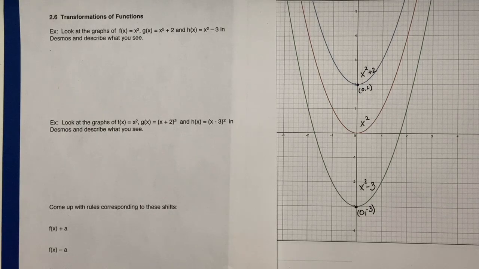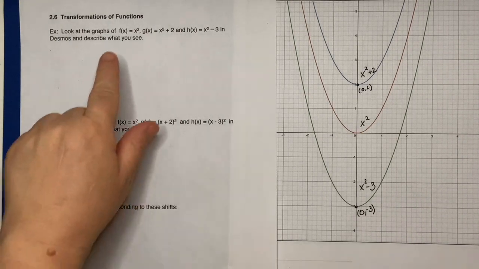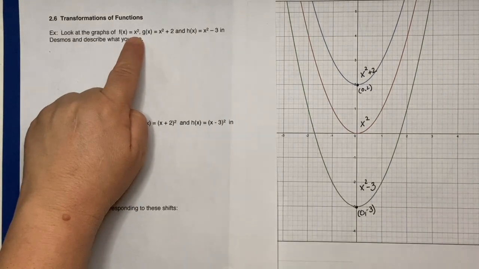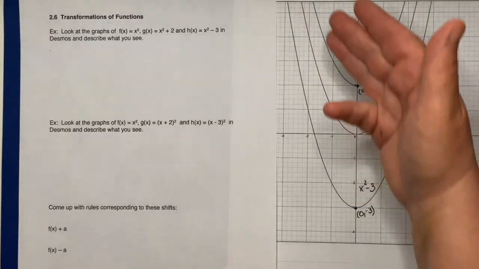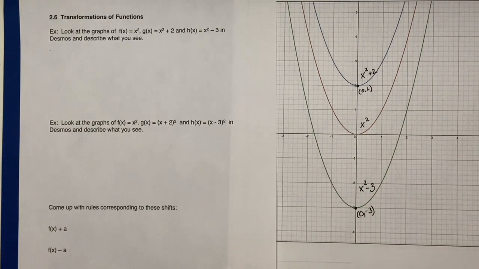So if you don't already have Desmos open, I encourage you to open it up. Try typing in these three functions, x squared, x squared plus 2, and x squared minus 3, just to see that you'll get the same results. And then we can compare what is going on.